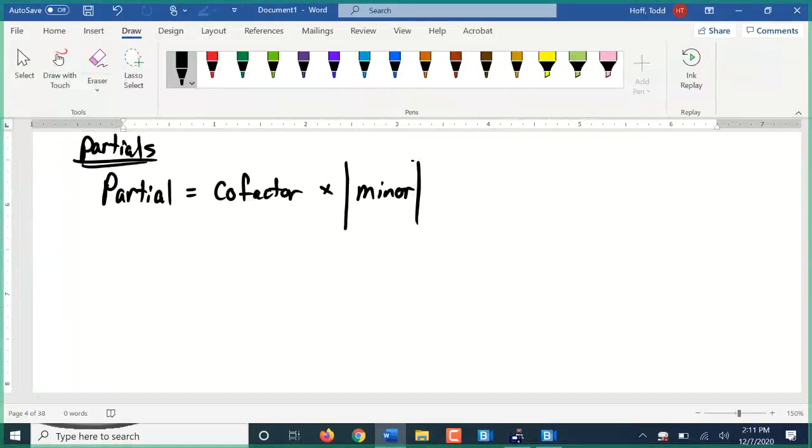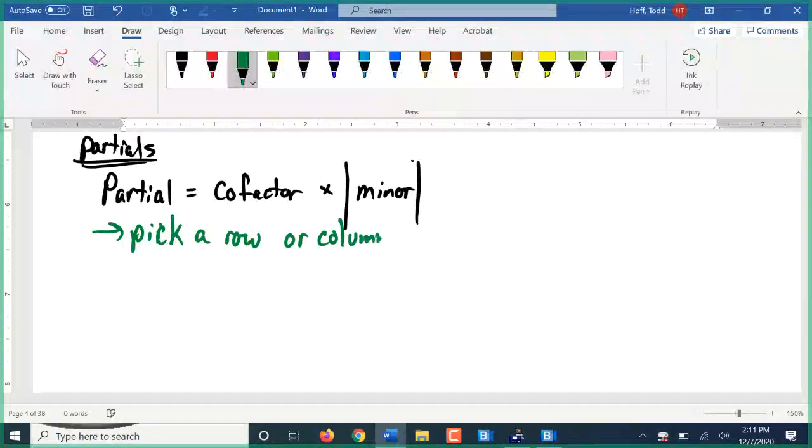And what we do to find a determinant using partials is we pick a row or column to expand about. Let me show you what I mean.